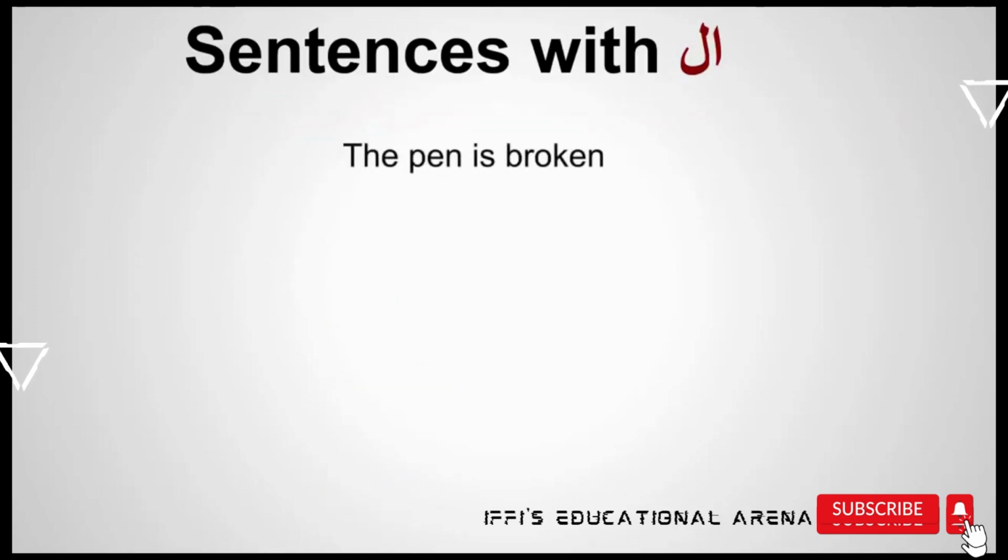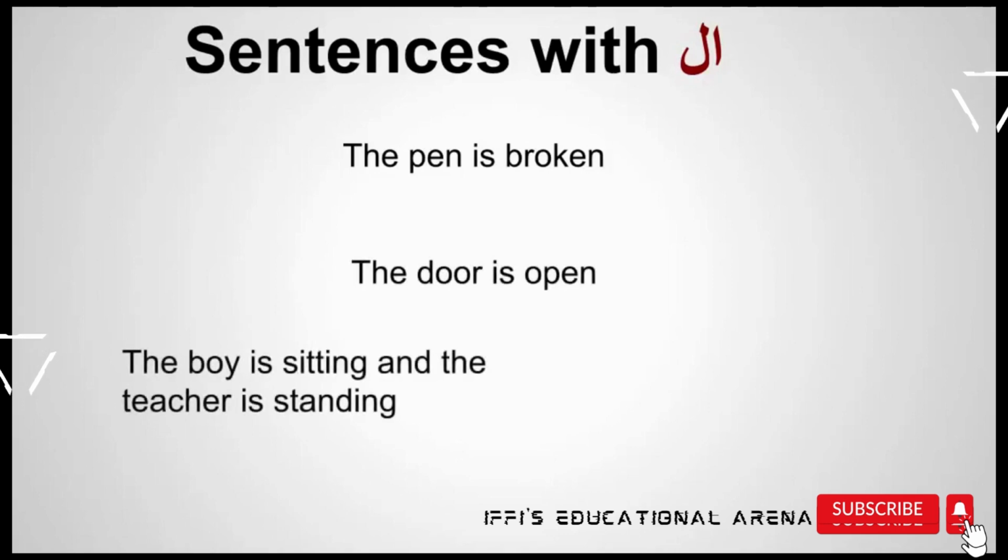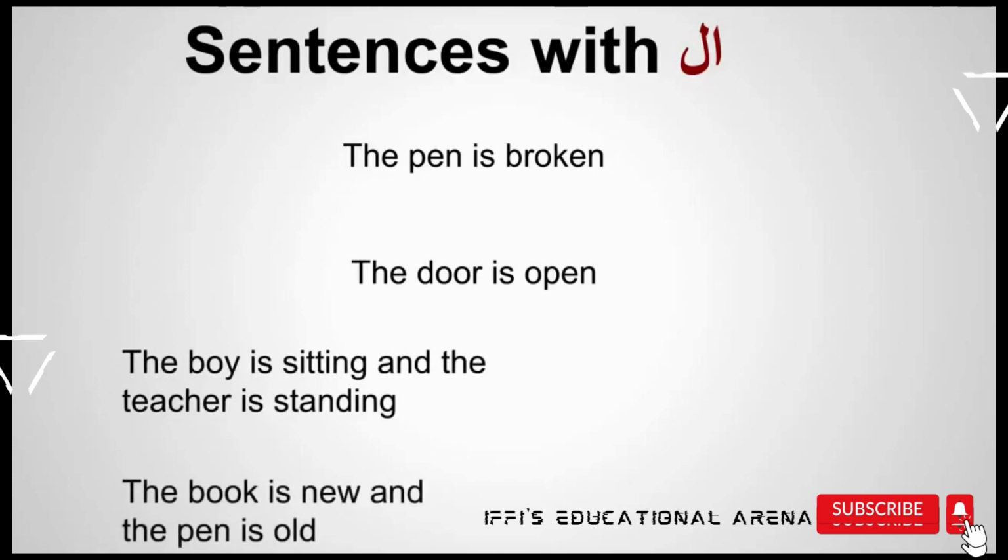If we make simple sentences like the pen is broken, the door is open, the boy is sitting, the teacher is standing, the book is new, the pen is old, you notice in all these sentences, when we begin our sentence, we always use "the", which means we use a definite article.